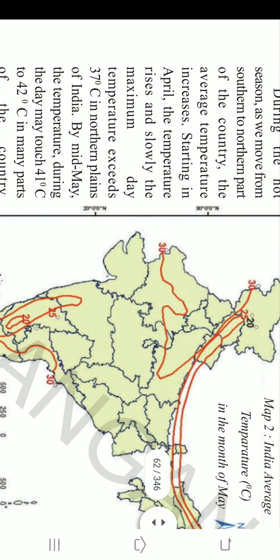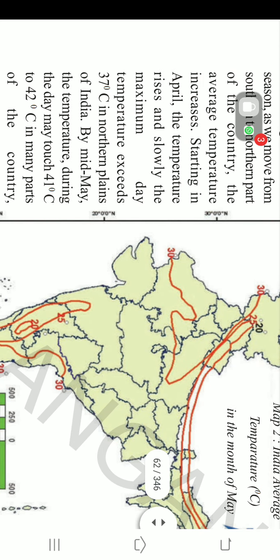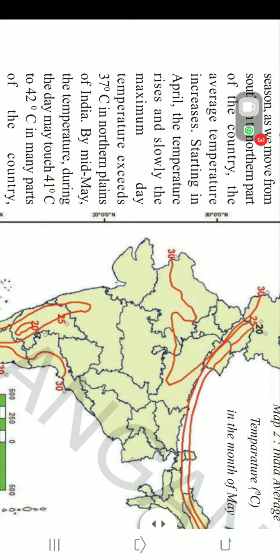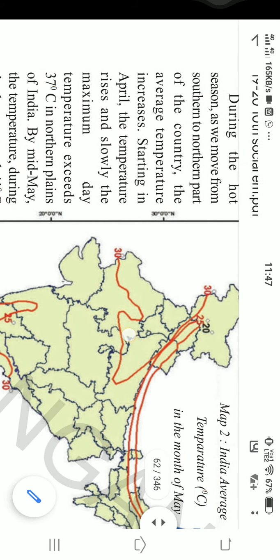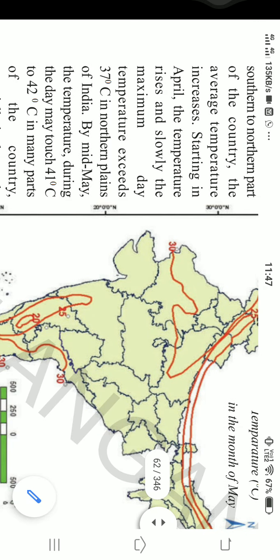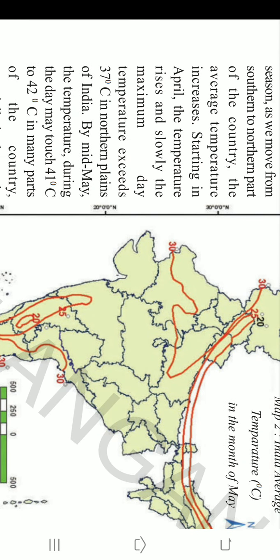It rises slowly and reaches a maximum temperature of 37 degrees centigrade on the northern plains. What do you mean by northern plains? It is the Indo-Gangetic Plains.